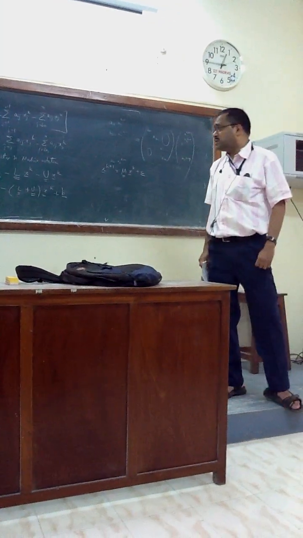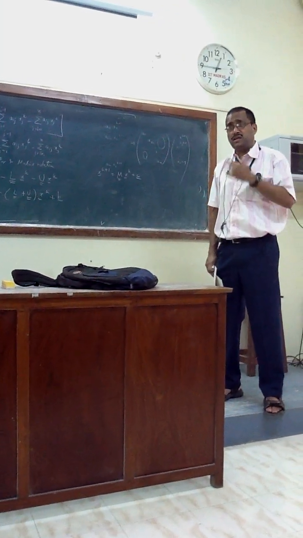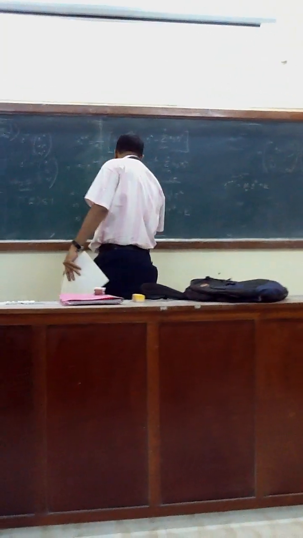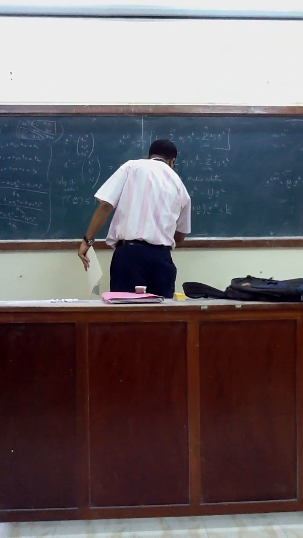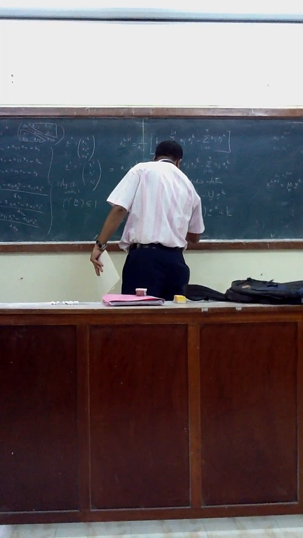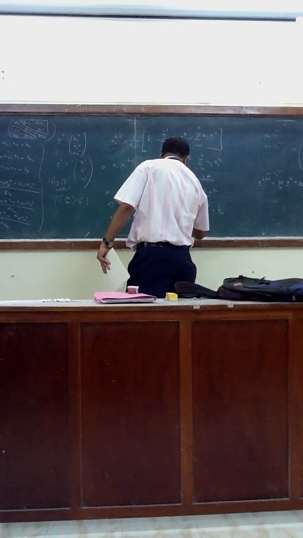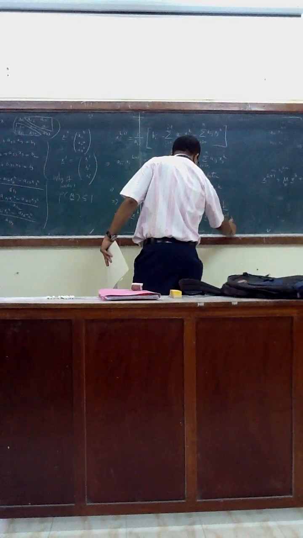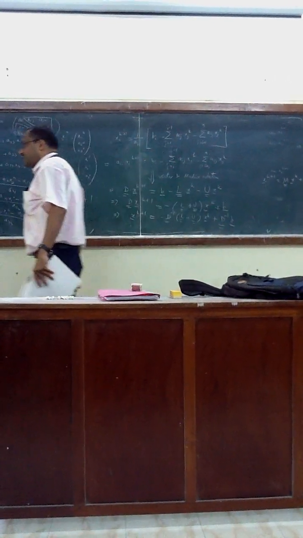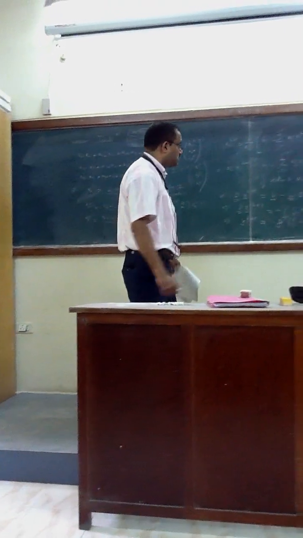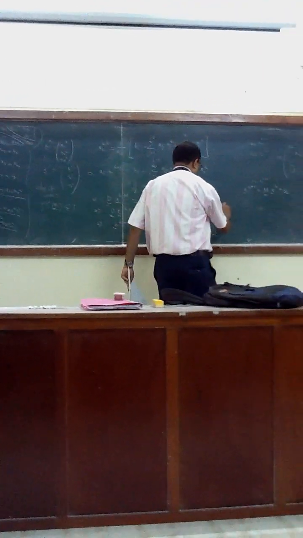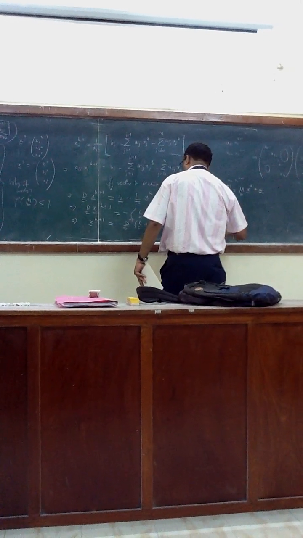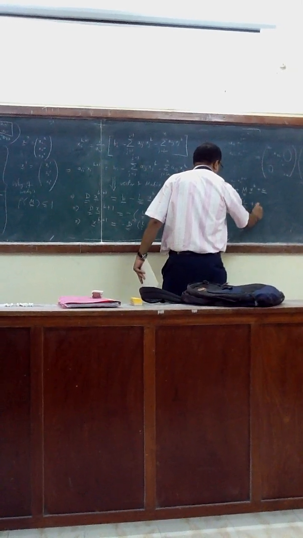Minus 1 by D? How would it be possible? Can you take 1 by a matrix? Minus D inverse (L+U) x_k + D inverse b. So the iteration matrix has been defined, which is the M matrix: minus D inverse (L+U).